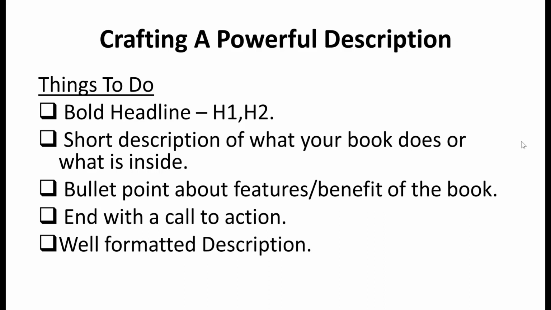I'm going to show you an example of what I'm saying now. Then the bullet points about the features and benefits of the book. Then you end with a call to action, which is buy my book, or scroll up and click the orange button, any call to action that you can use. If you follow these four steps, it will be well formatted.